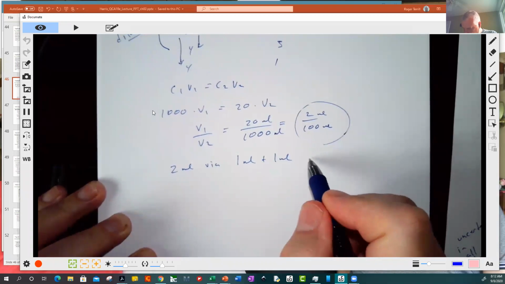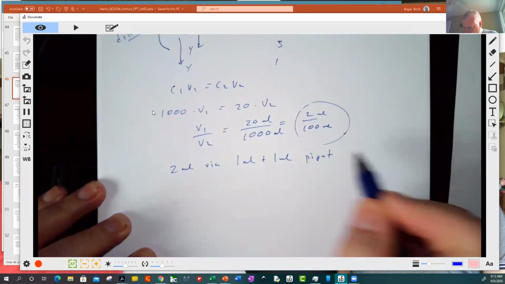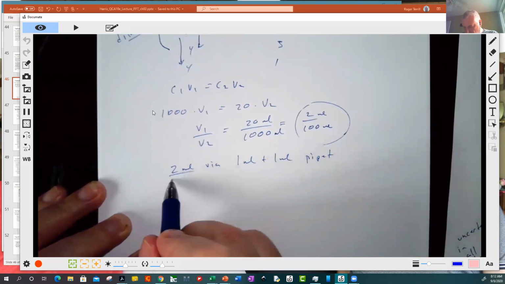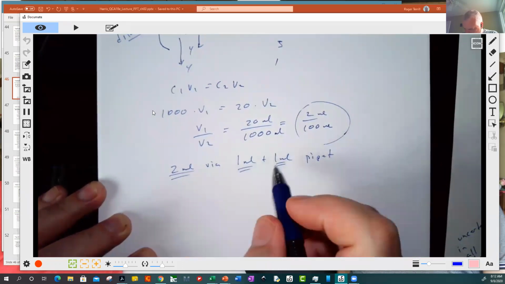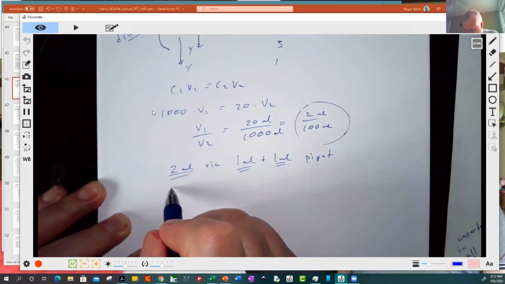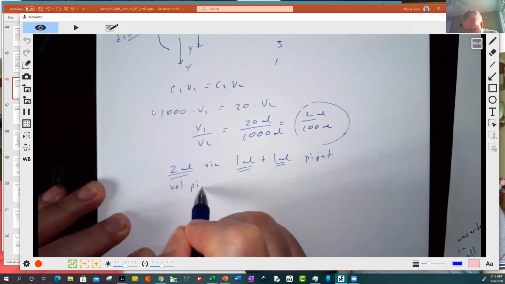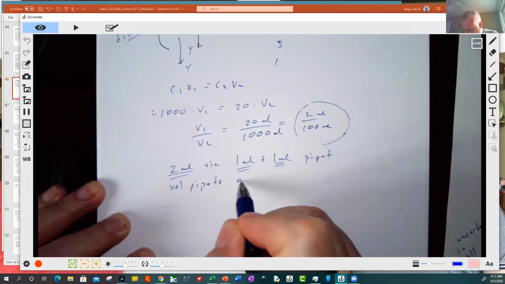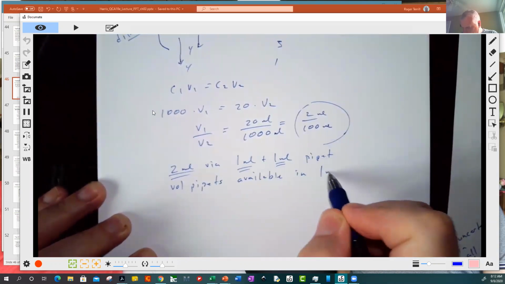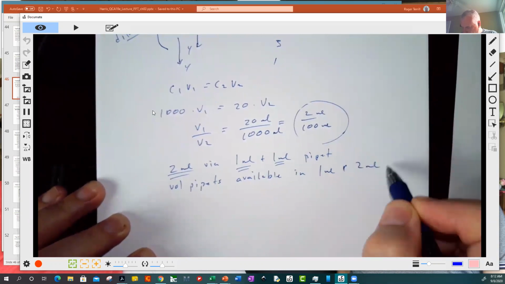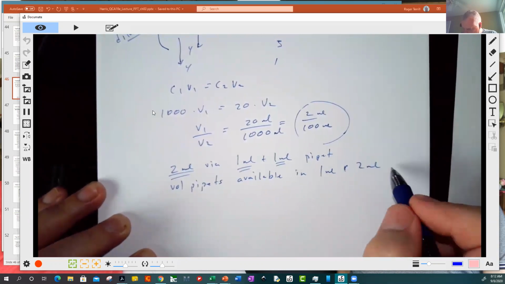This is a pipette, and I think there are 2 mL volumetric pipettes available in 1 mL, 2 mL values, right?